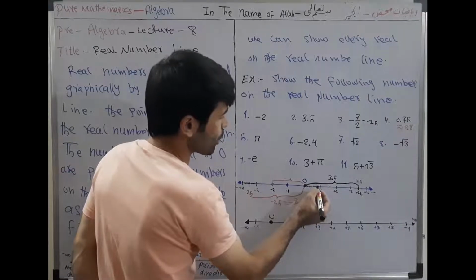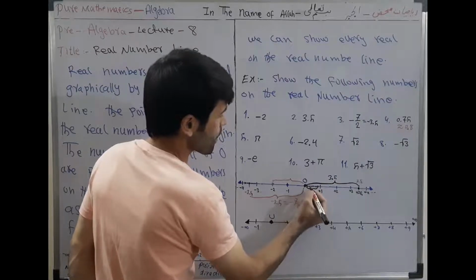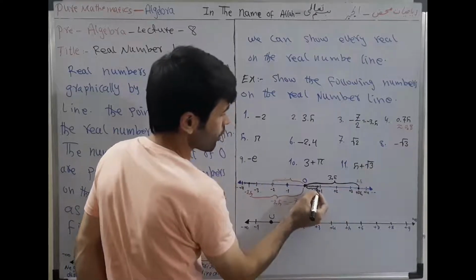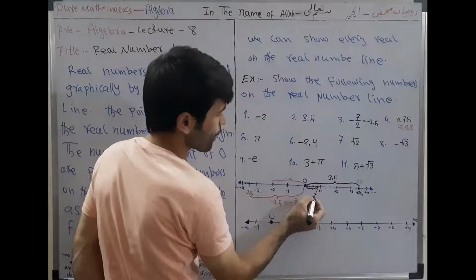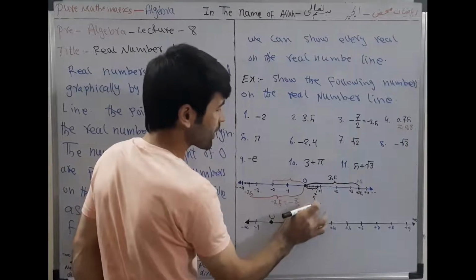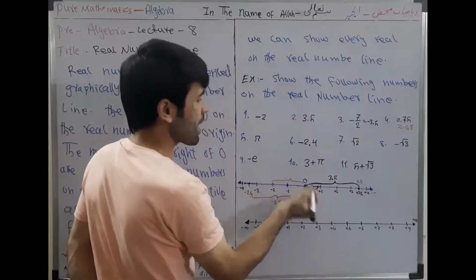Here is the location of 0.8. It is less than 1, near to 1, but less than 1.